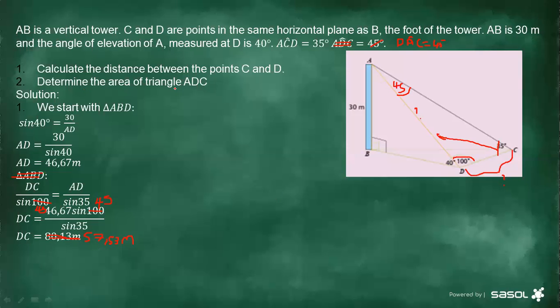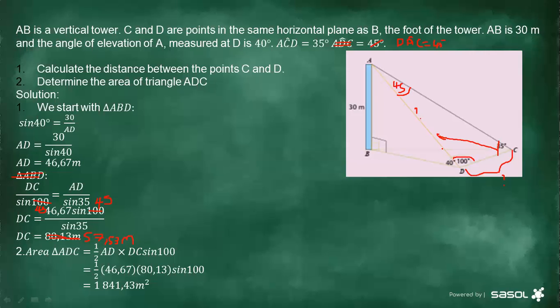Determine the area of triangle ADC. Let us calculate the area of ADC. I think it's also going to affect the area because AD is this side and DC is this side.